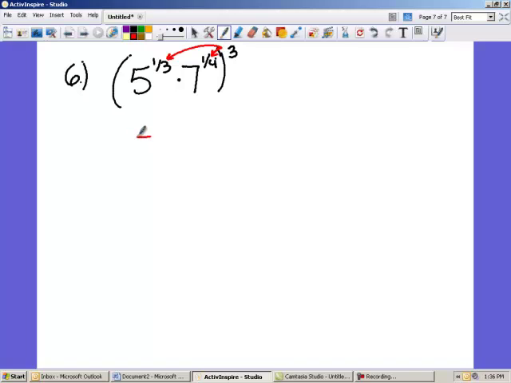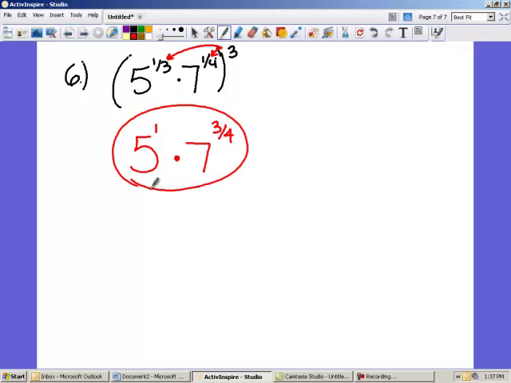So now we have 5 to the, 3 times 1/3 is just 1. And now we have 7, and if you multiply 3 times 1/4, you get 3/4. And you want to look and see if you can simplify either one of those, and I will tell you right now, you cannot. So this is all done. Another one of those goofy looking answers.